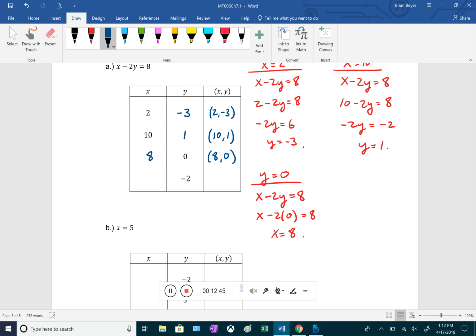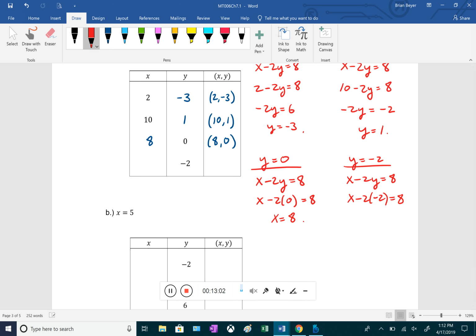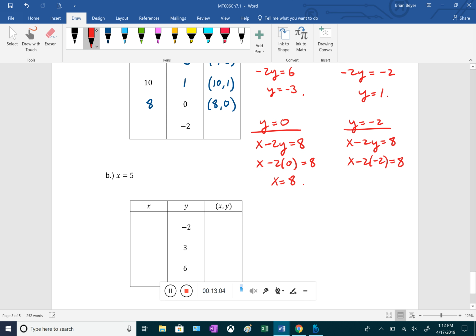And lastly, for the last one here, we get y equals negative 2. We plug that in, x minus 2y equals 8. We plug in a negative 2 into y, and we evaluate that. That's going to give us x plus 4 equals 8.